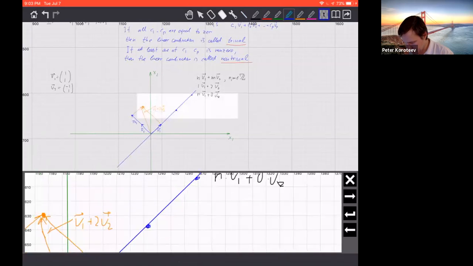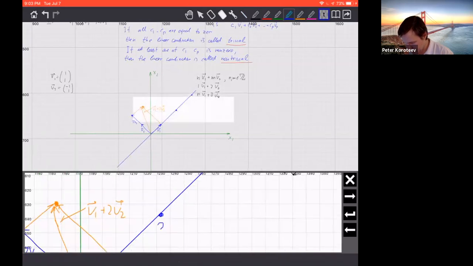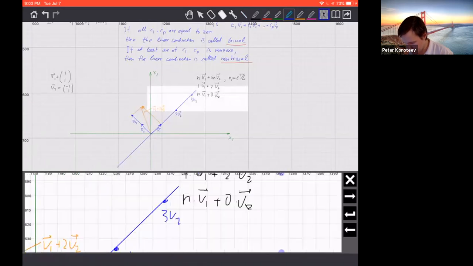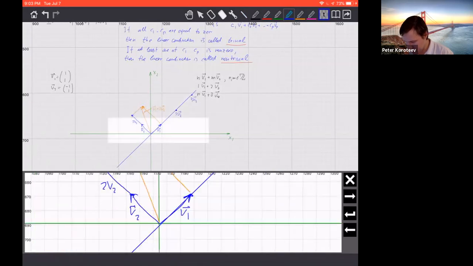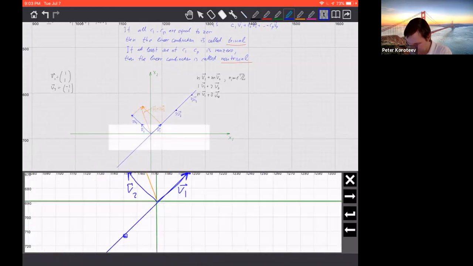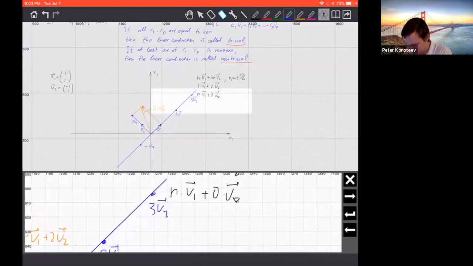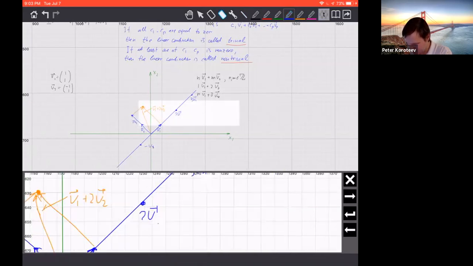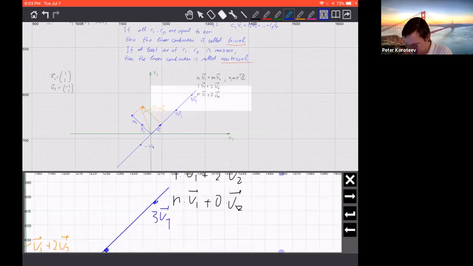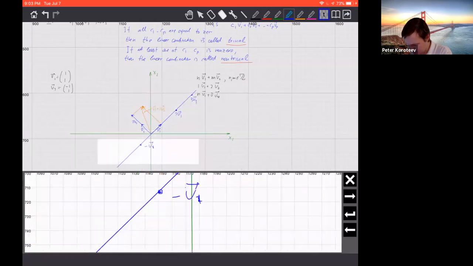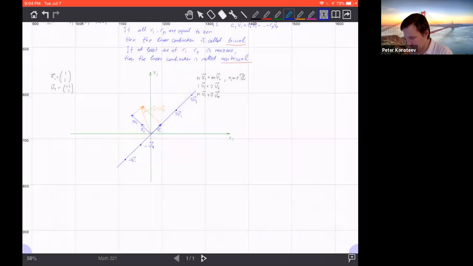So here will be 2v2, 3v2, etc. And then here on the bottom, we'll have minus V1, V1, minus 2V1 and so on. You got the idea. And we can do the same in the V2 direction.